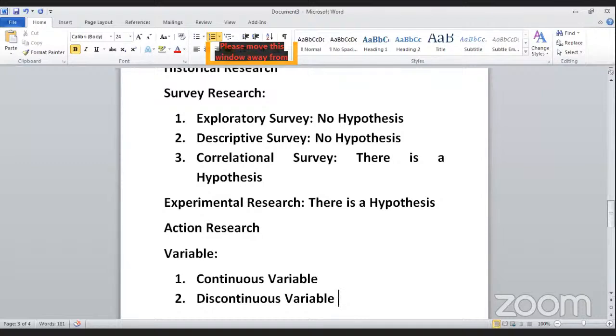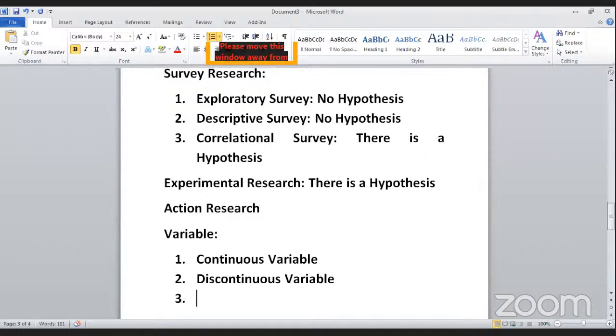So the discontinuous variable means the variable is always expressed in whole number. And whenever you are expressing the variable in whole number as well as fraction, then it is called a continuous variable. And these variables will be in each and every subject.